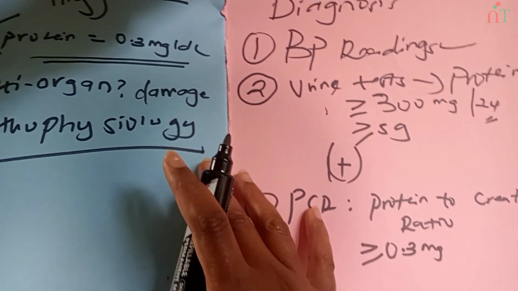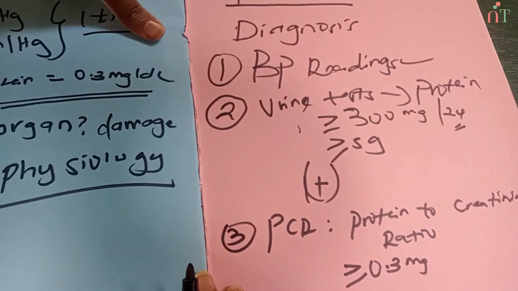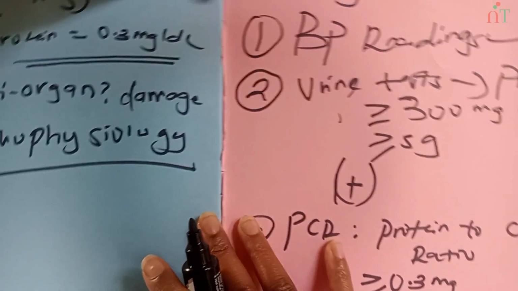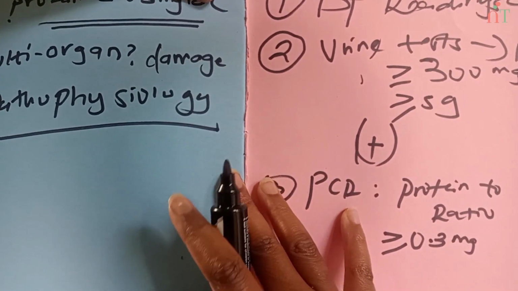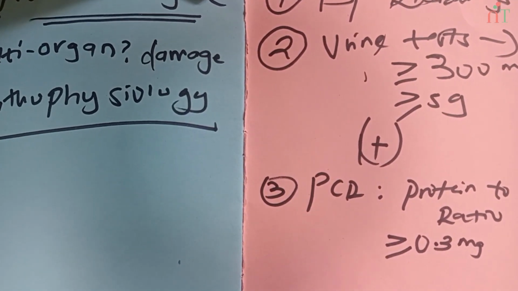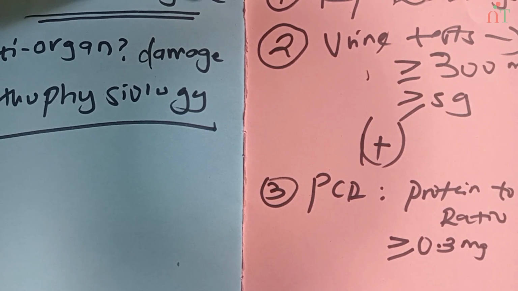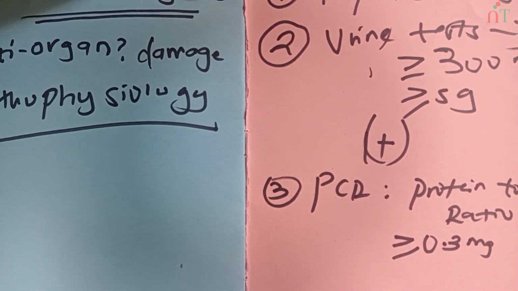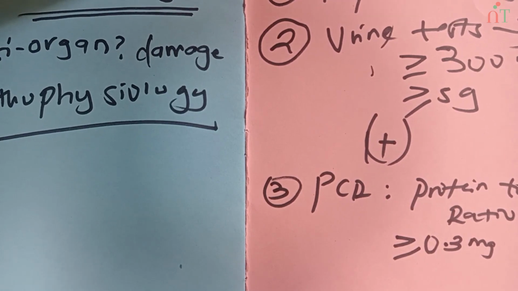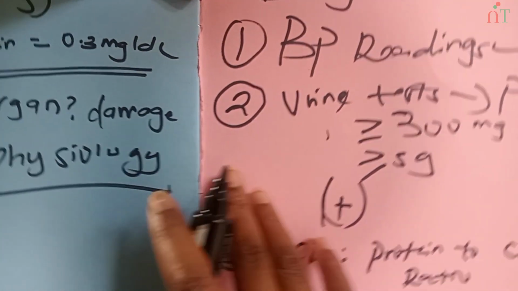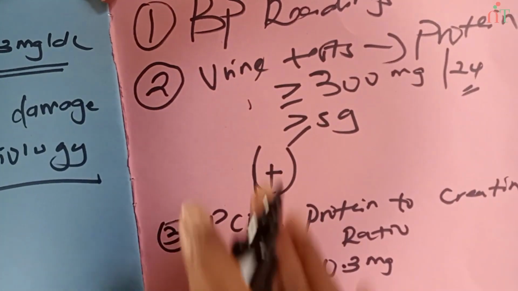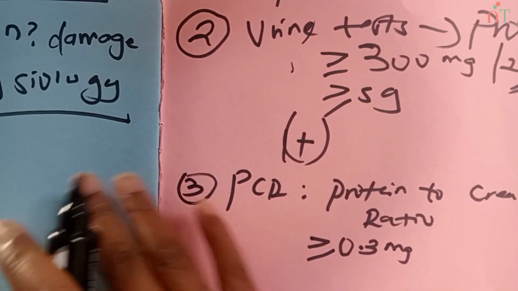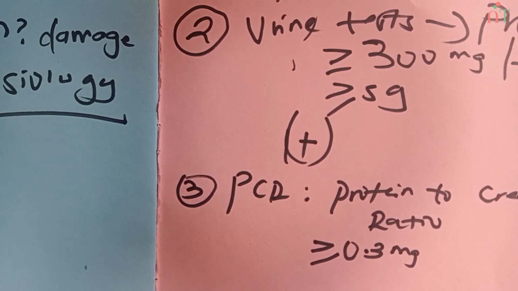It is diagnostic, a good indication that there is presence of preeclampsia. So that is the urine test to detect preeclampsia, or to detect proteinuria in a 24-hour urine collection. I've showed you the readings there. Kindly note them so that you don't miss them when you are doing your diagnosis.